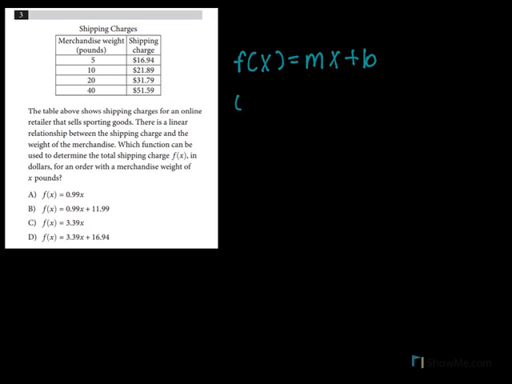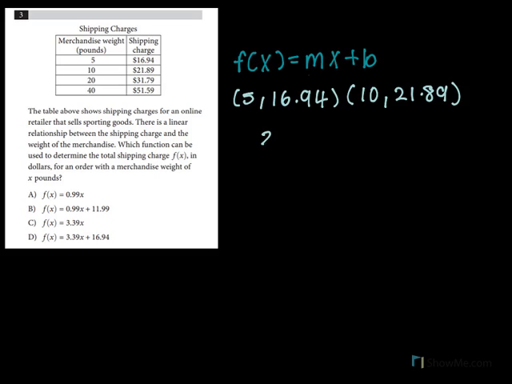So, for example, let's take the points 5, 16.94, and 10, 21.89.